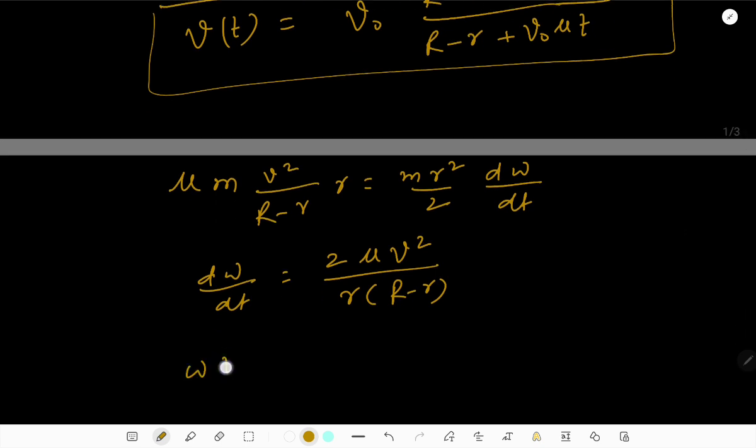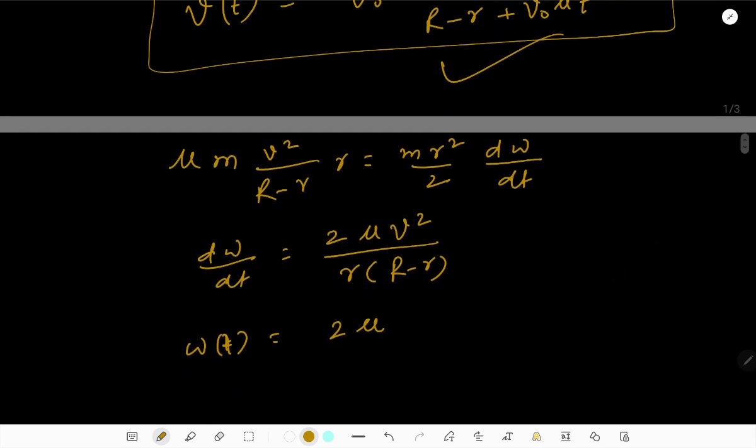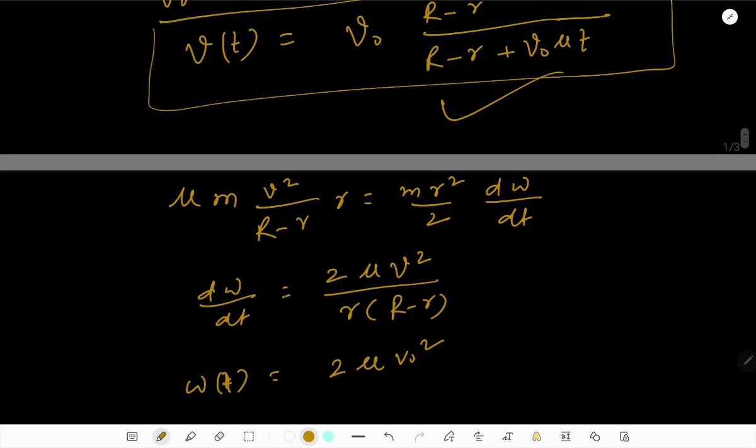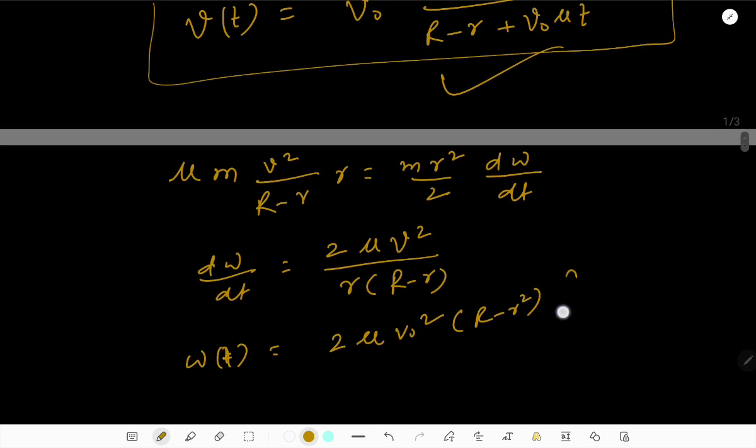So I can find omega as a function of t as twice mu, and I can put v here, and v square means I get v naught square (R minus r) square divided by (R minus r plus v naught mu t) square, the whole thing going under integration, dt, from 0 to t.